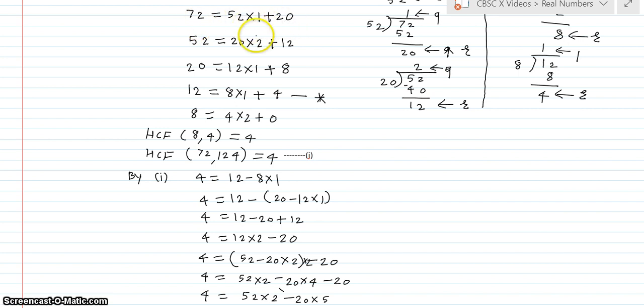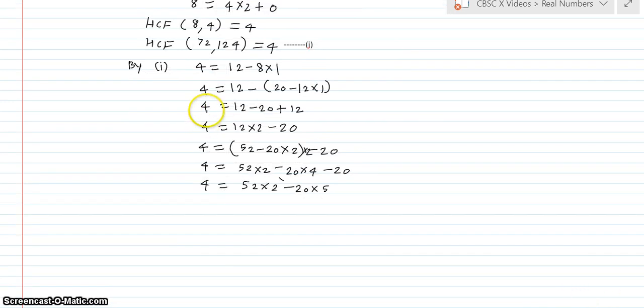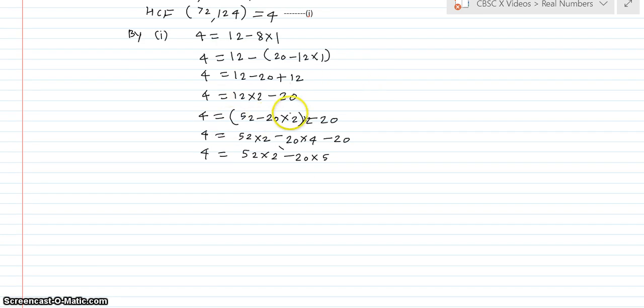So replacing this 20 value here in the equation, we can write 4 is equal to 52 into 2 minus, in place of this 20 we can write 72 minus 52 into 1, you are replacing this 20 by the above equation, into 5.